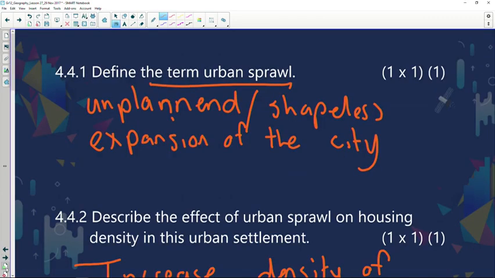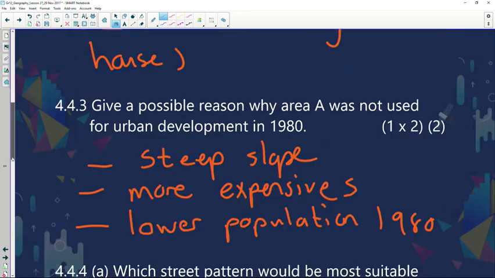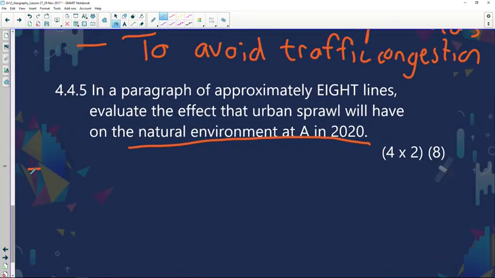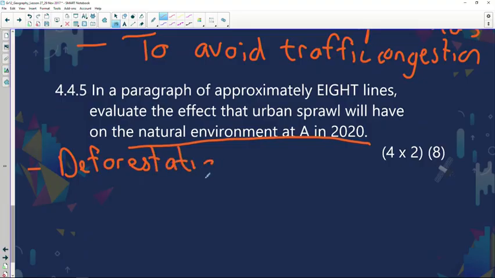Obviously quite a few. I'm going to write it in bullet formation, but please remember you need to write it in paragraph formation. Now, first of all, the first thing that's going to happen, all these people settling because it's unplanned, they're building houses. What is the first thing they do once they get in open space? Deforestation taking place, removing the plants and trees. And immediately when deforestation is taking place, the habitat of some animals is destroyed.